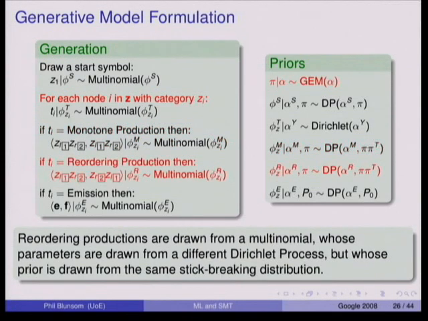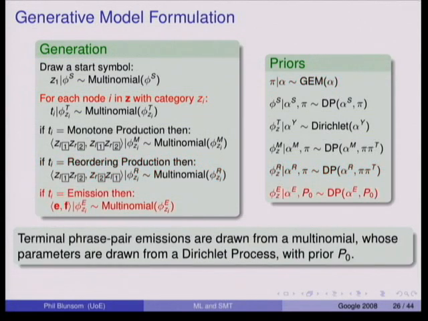And so for the reordering rule, it's essentially equivalent to the monotone production, except that we have a separate multinomial, a separate Dirichlet process, but the same top-level stick-breaking prior. And finally, for the emission distribution, we again draw from a Dirichlet process.